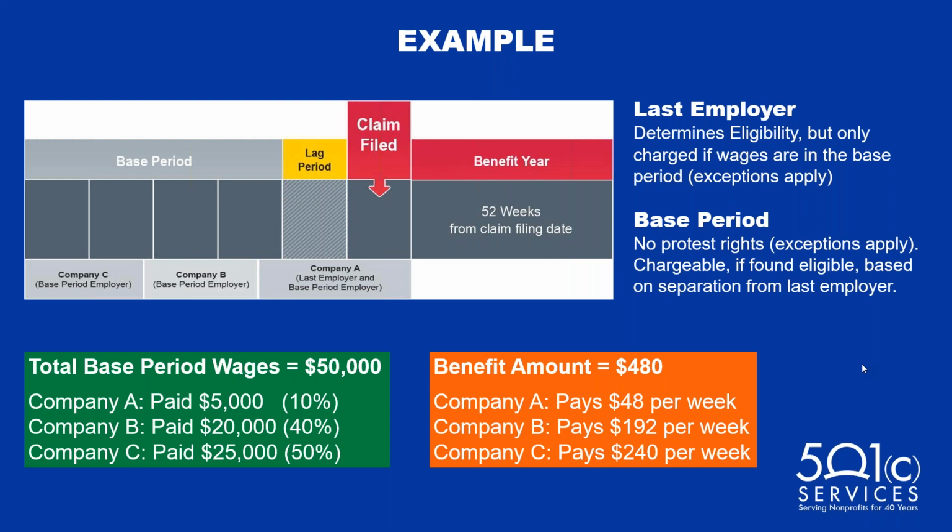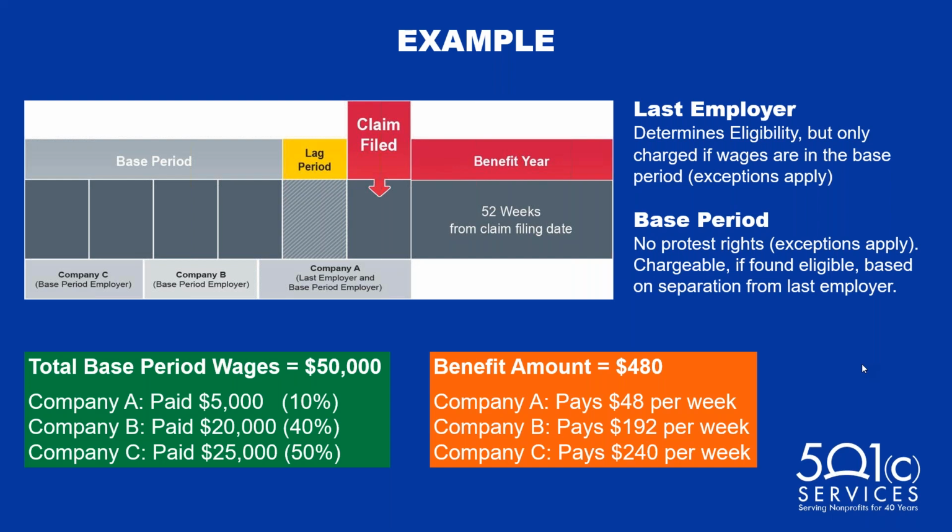Now, 36 out of the 50 states charge proportionately based on your percentage of the wages you paid. So in this example, if the claimant's eligible, you've got company A, we'll say they paid 10% of the total wages in that base period or look back period. And so they would be responsible for 10% of the benefit. So if this person's making $480 a week in unemployment, company A is going to be responsible for 10% or $48 per week.